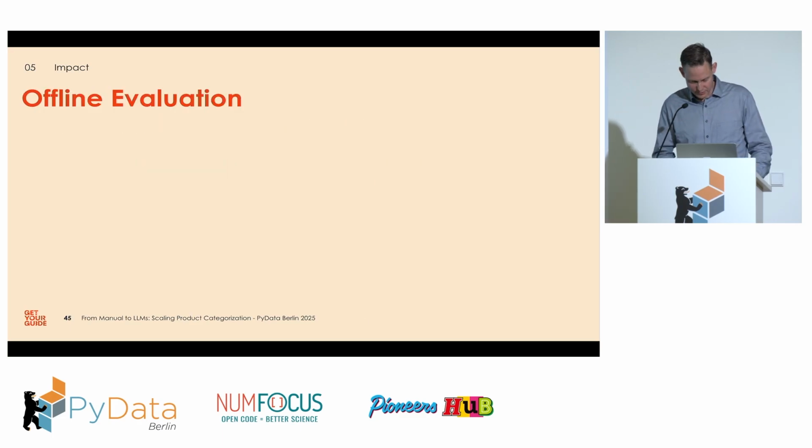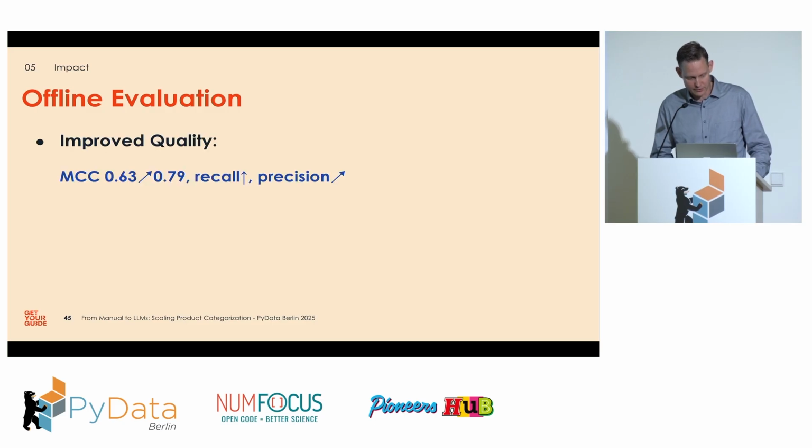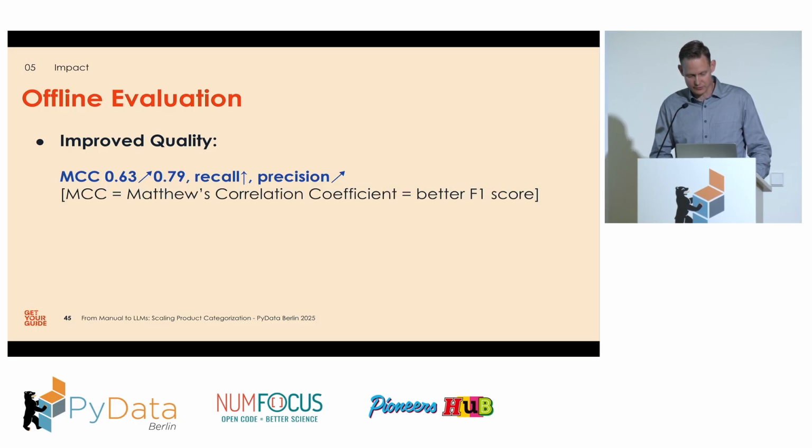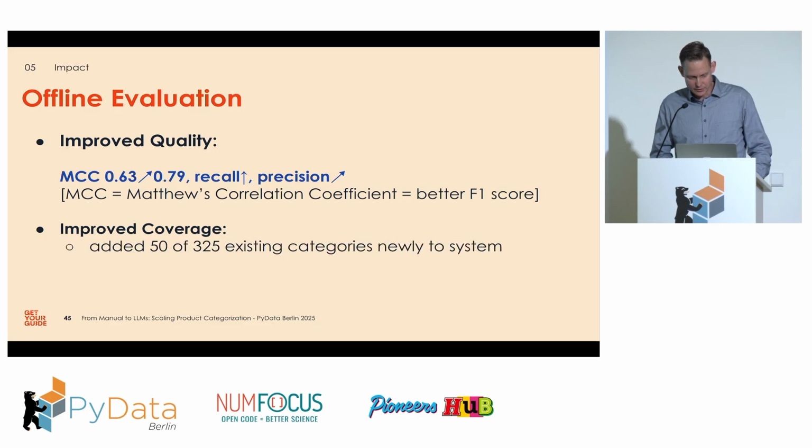These are just examples. Let's take a look at the overall results. We first looked at offline evaluation, and there the quality improved quite a lot. The MCC, the Matthews correlation coefficient, which is a better F1 score, improved really noticeably, because the recall improved a lot and precision simultaneously improved slightly. We could also improve the coverage by this step.